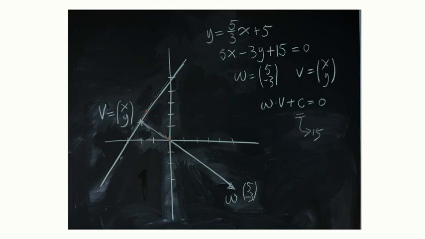Normally we will write this line as y equals some slope, alpha, times x plus a constant. The constant here is 5. So we know this intercept, this 5 here.